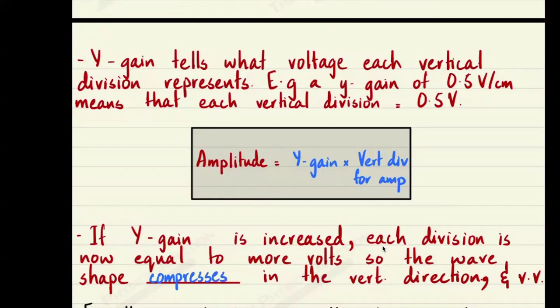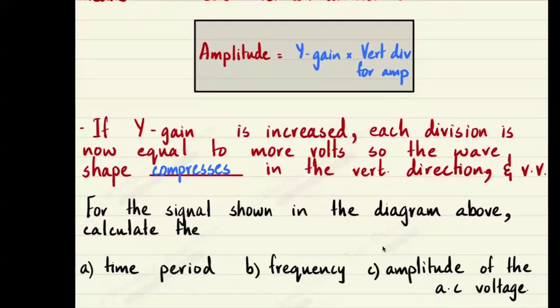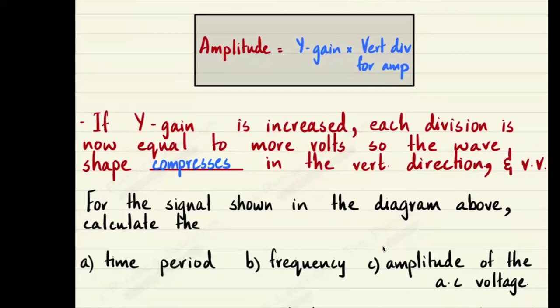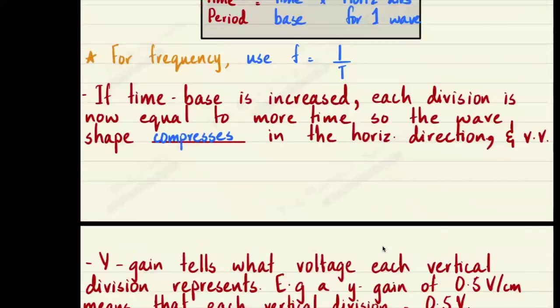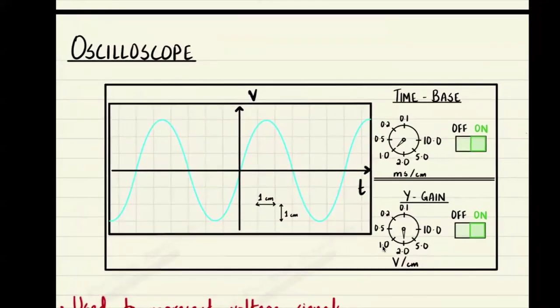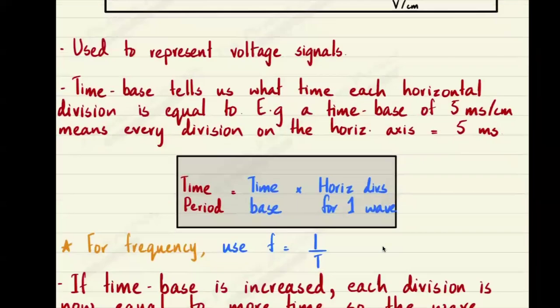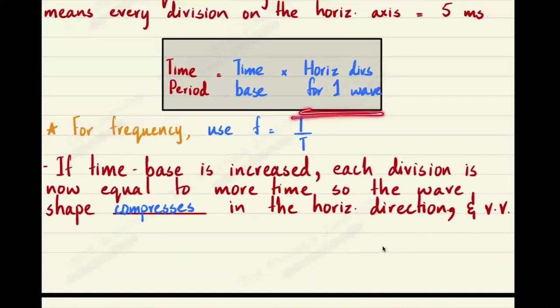For the signal shown in the diagram above, calculate the time period, frequency, and amplitude of the AC voltage. Okay, so for the time period, again I can see that the time base is set to 1, and this is 1, 2, 3, 4, 5, 6 divisions. So for the time period, I can just use this formula.